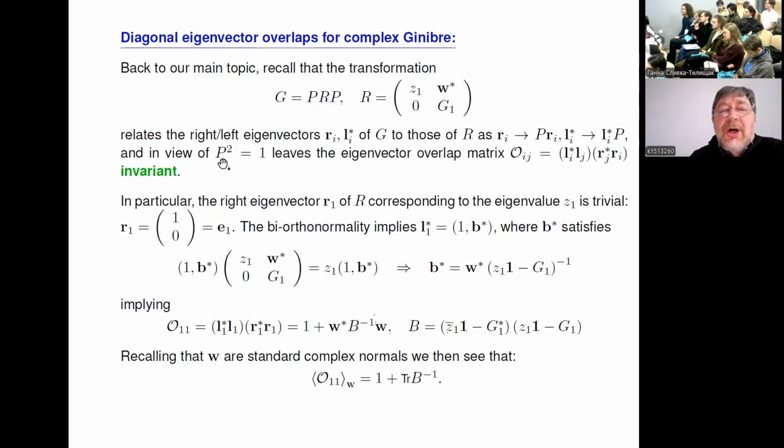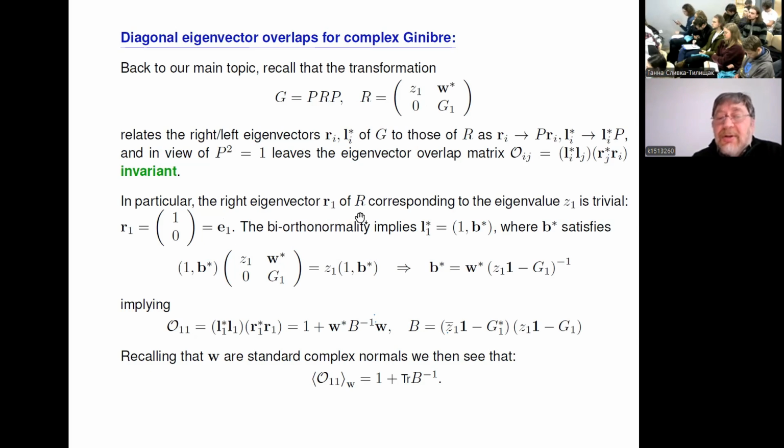And since P squared is 1, our main object of interest, this matrix of left-right overlaps, remains invariant. So it's enough to consider the left and right eigenvectors of this matrix. Why is this form nice? Because the right eigenvector is trivial. The right eigenvector is just the first basis vector, as is obvious from this form.